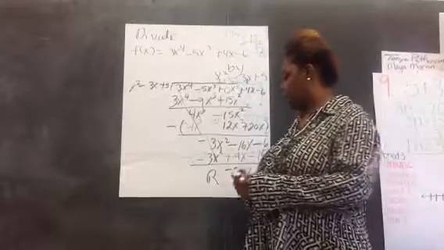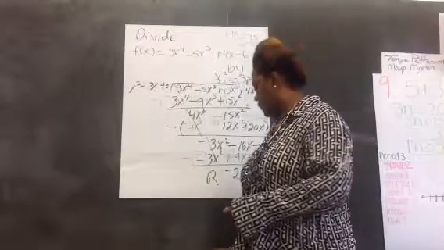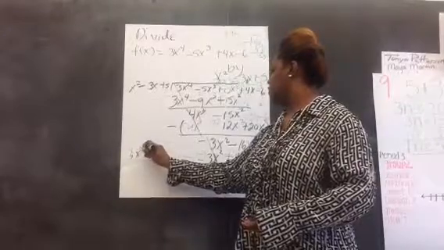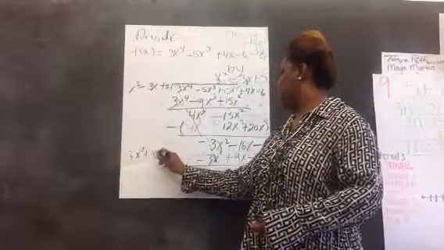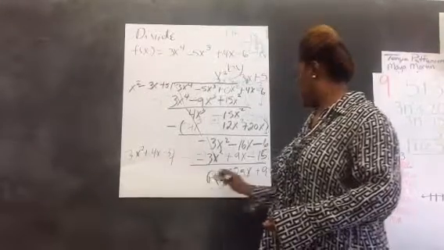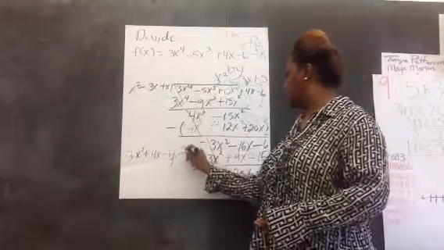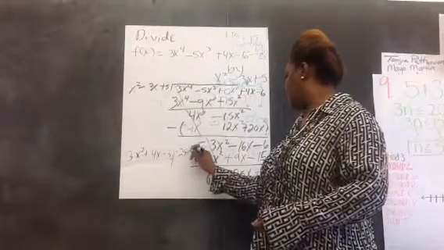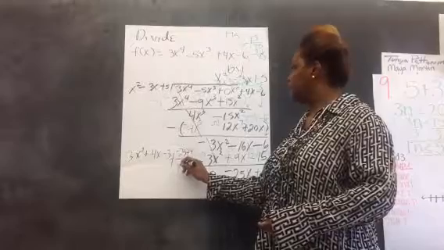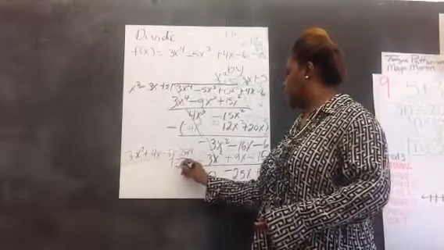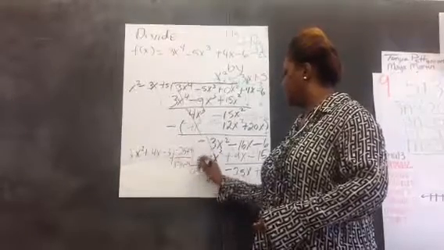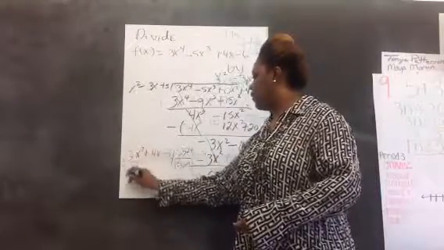So my final answer would then be 3x squared plus 4x minus 3 plus my big remainder, which is negative 25x plus 9, all over the divisor, which is x squared minus 3x plus 5. Final answer of this function.